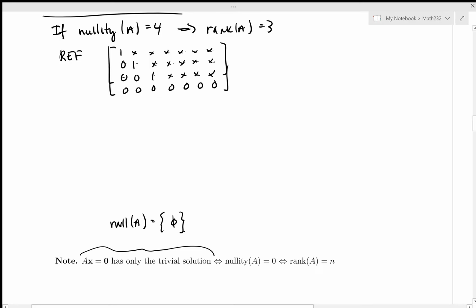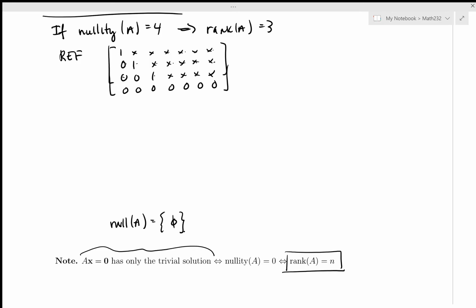So the dimension of the null space is 0, which means that the rank is n. Sometimes you will see, particularly when the matrix is square, somebody will say it's a full rank matrix. The rank of A is the maximum that it can be, n. It has no non-zero rows in its reduced row echelon form.